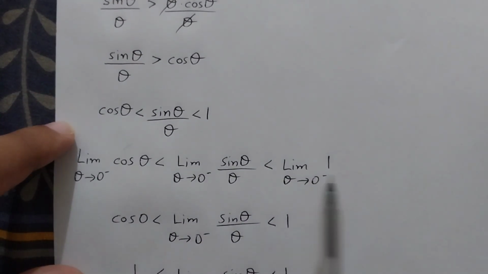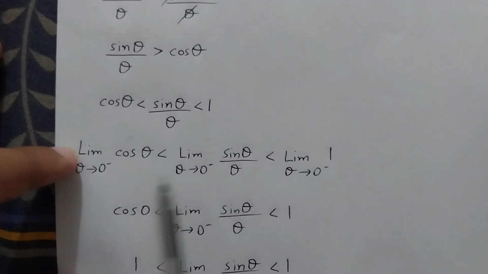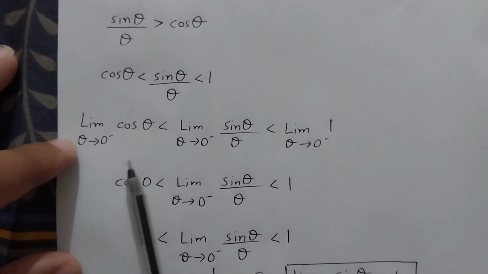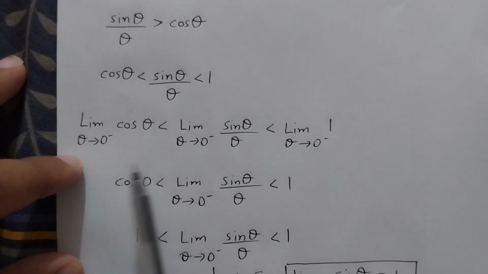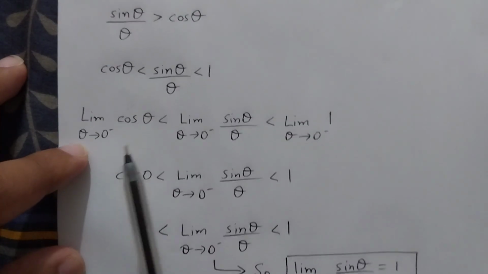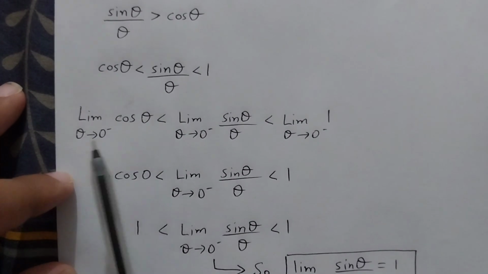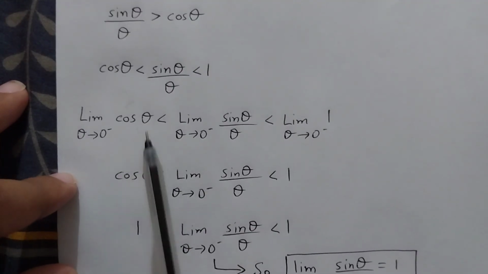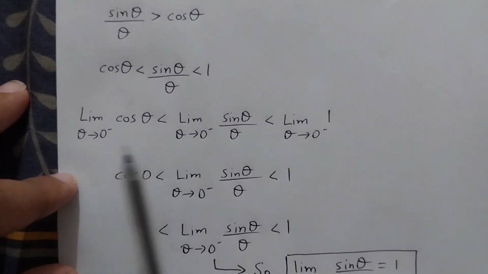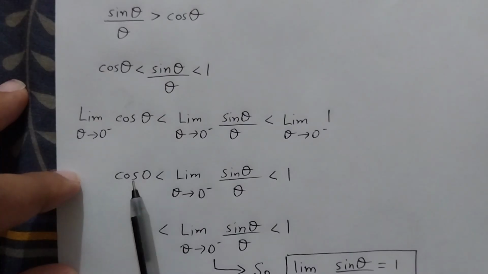And when we find the limit of all of these sides, we do the same thing, we find the limit by simply putting theta is equal to 0.